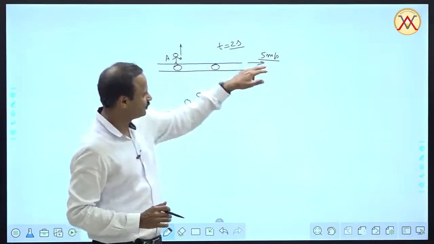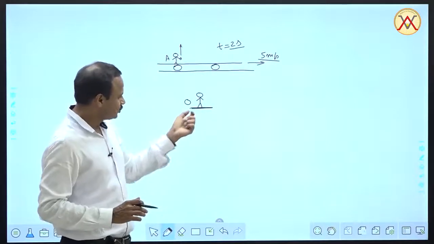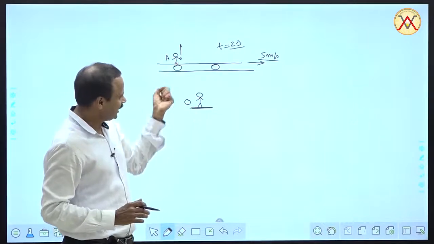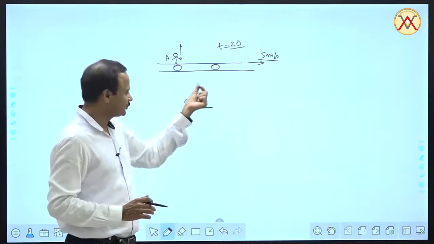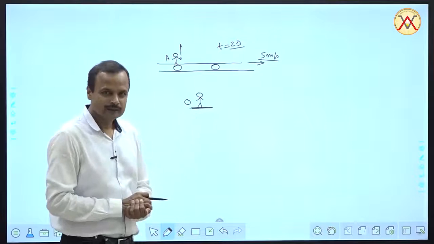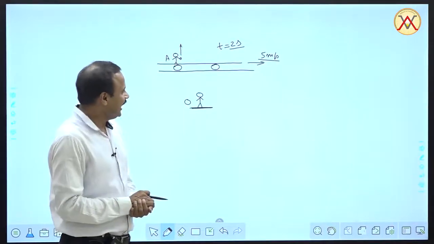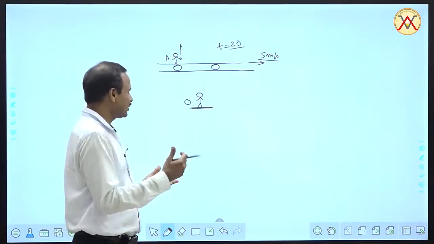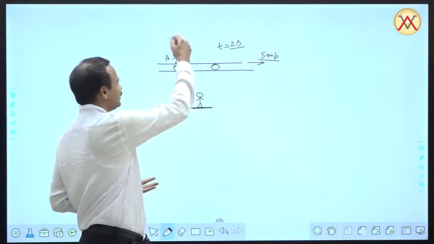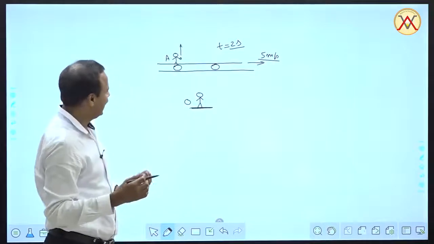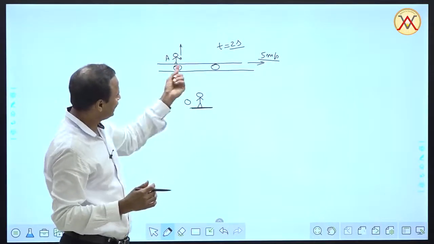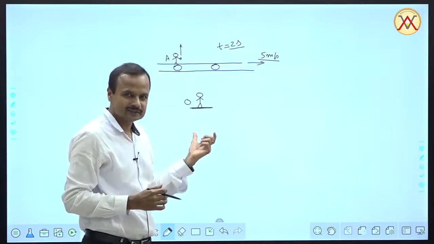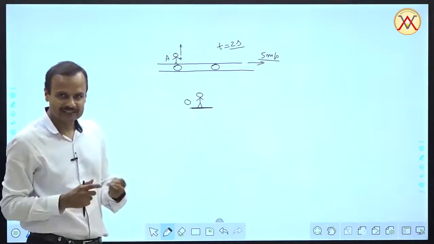The railroad car was moving at 5 meters per second. So, basically three things.